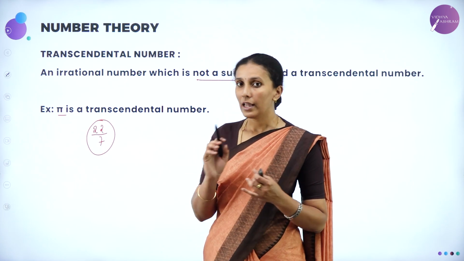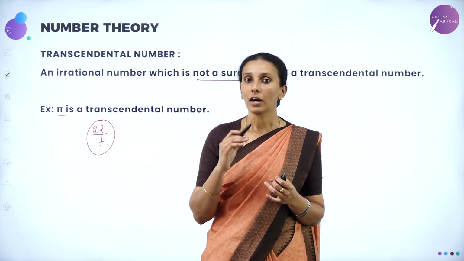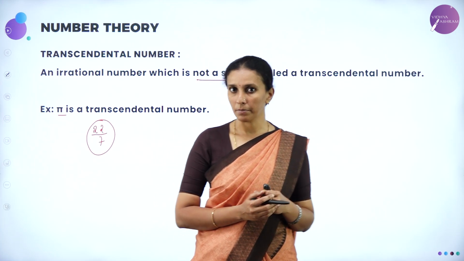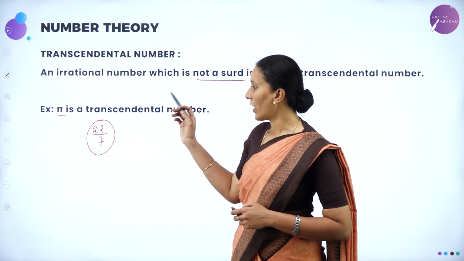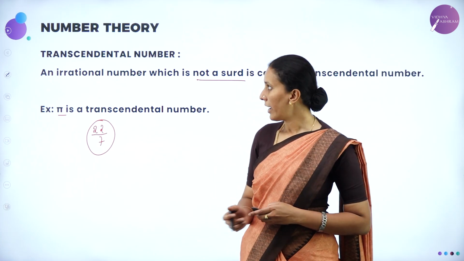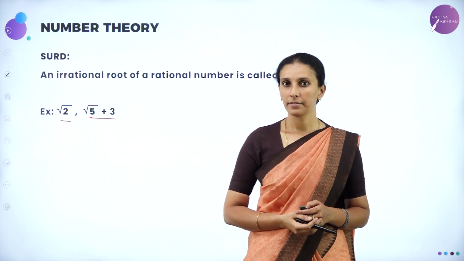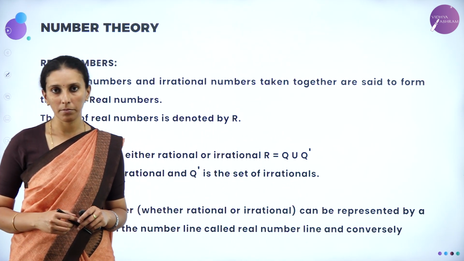So the number which is neither terminating nor recurring in its decimal expansion is an irrational number. Under irrational numbers, pi is called a transcendental number, whereas root 2, root 5 plus 3 are called surds.